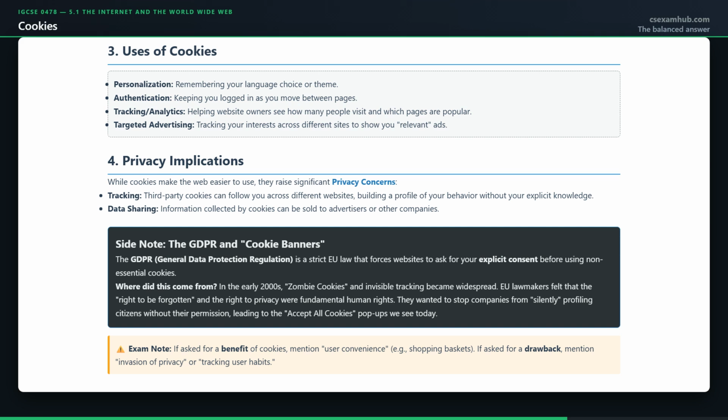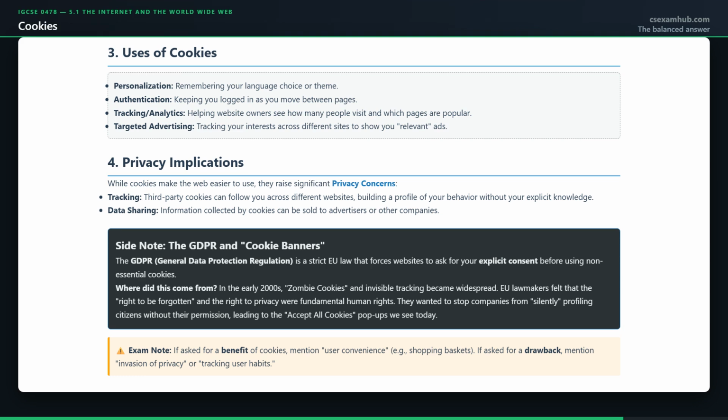They store personal information on your device, which is a risk if that device is shared or stolen. Users frequently do not know what is being collected or by whom, and they enable targeted advertising that many people find intrusive. A good answer gives one or two from each side, and then makes the distinction that actually matters between cookies that serve the user and cookies that serve someone else. That is a more thoughtful line than cookies are good or cookies are bad, and it is the distinction the law itself is built on.